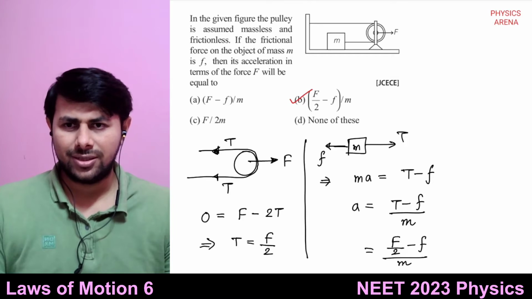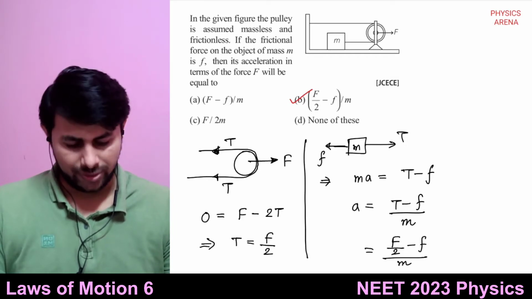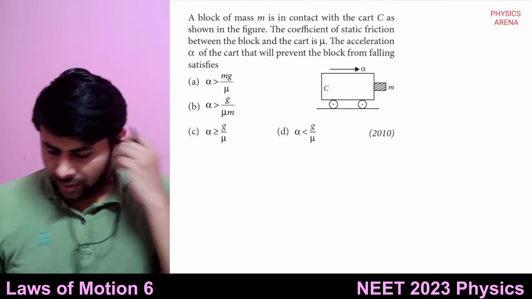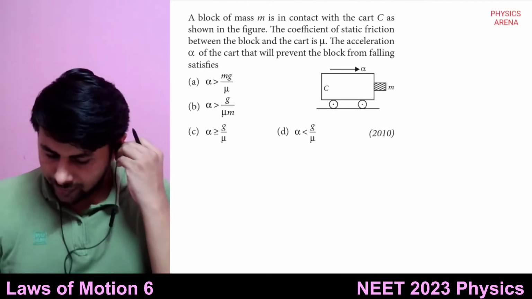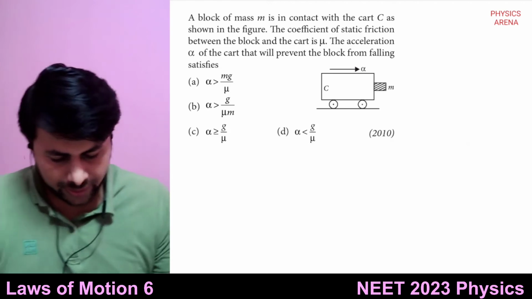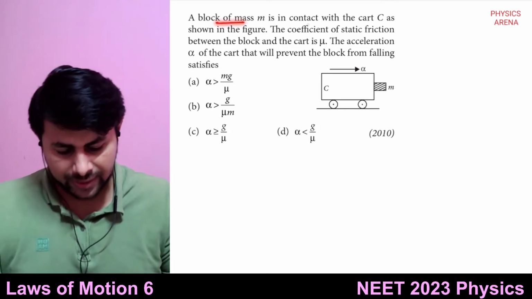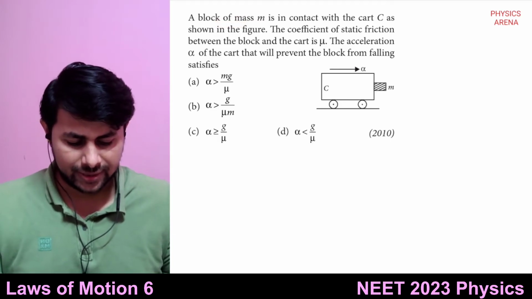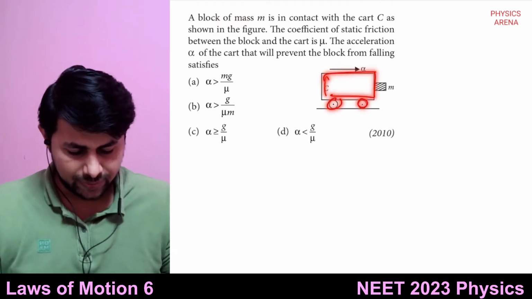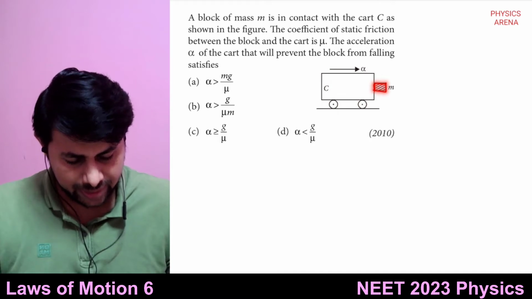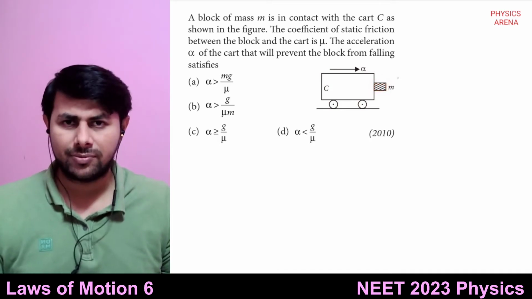This question is clear? All right. Let's move on to this next question. A block of mass M is in contact with the cart C. There is this cart C and this mass is in contact with this.